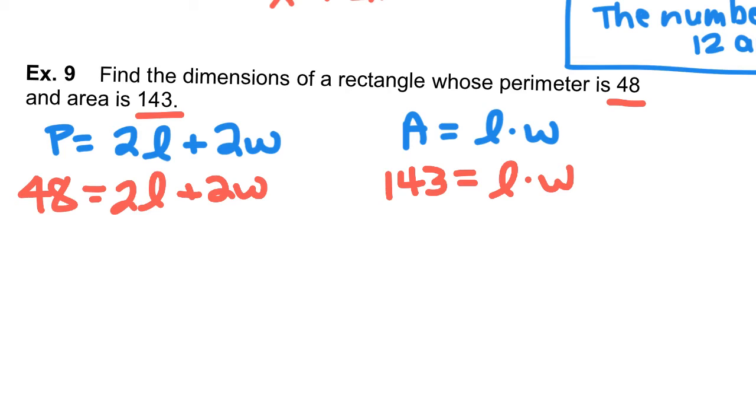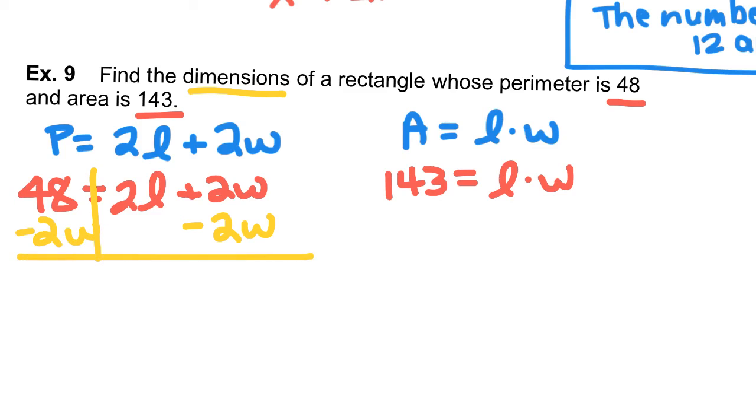What we have here is a system of equations. So if we have a system of equations, we can solve this by using one of 3 methods. This time, let's choose to use substitution. Since we're wanting both the length and the width, it doesn't matter which one we solve for. So let's go ahead and solve for length. So I'm going to isolate the length by subtracting 2w from each side.